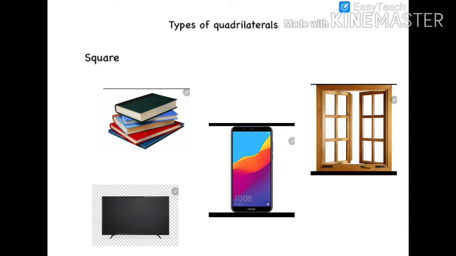Even the top of your book is rectangular. So even though most of the objects around you have a rectangular shape, which is one type of a quadrilateral, we are going to study various other types of quadrilaterals as well, and we will specially focus on properties of parallelogram.